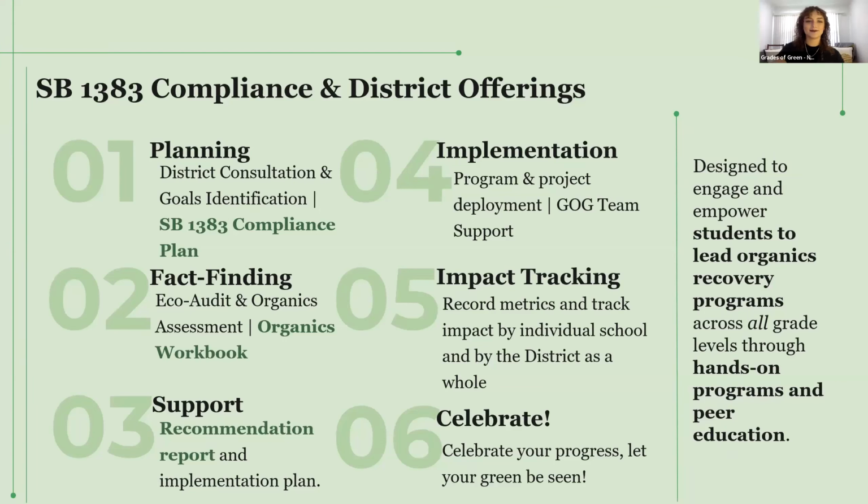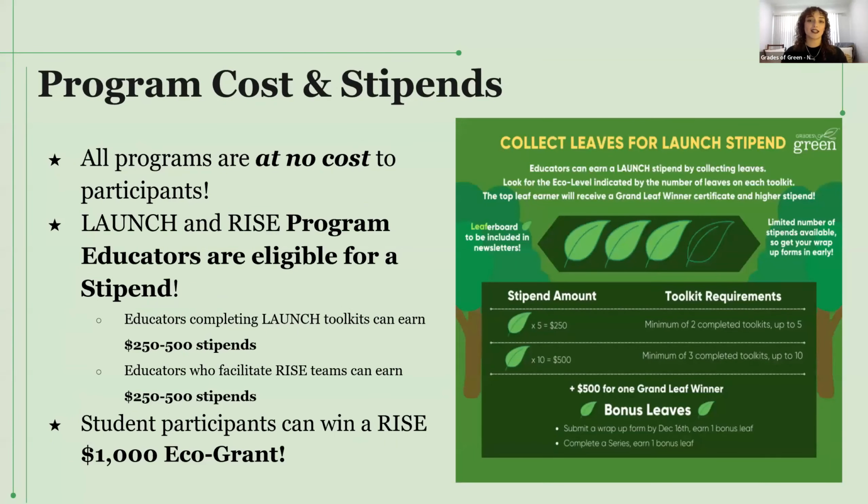Next slide, please. Again, I'd like to reiterate that all of our programs are at no cost to participants, to our district partners. Our Launch and RISE programs actually offer a stipend. Educators completing launch toolkits can earn $250 stipends. Educators who facilitate a RISE campaign team can earn $250 to $500 stipends as well.